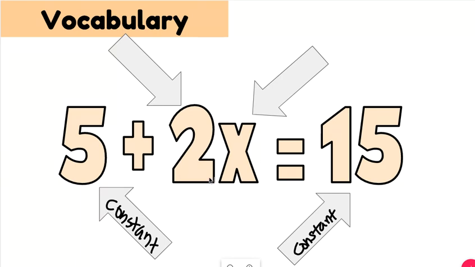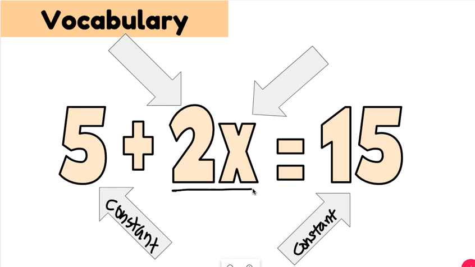That 2x term is going to change depending on what x equals. But the 5 and the 15 will always stay 5 and 15. That's why they're called constants. The constant that's being added to the variable, that's the constant we end up getting rid of in our equation.